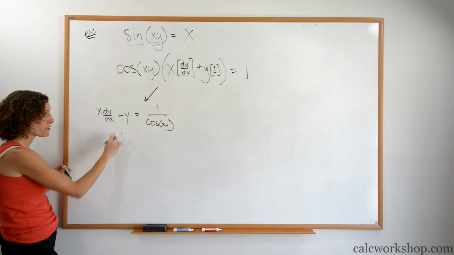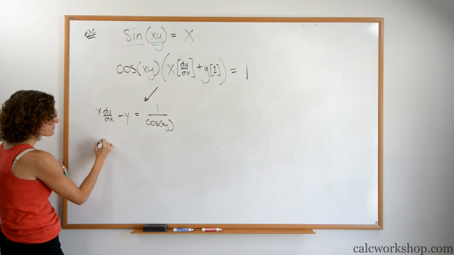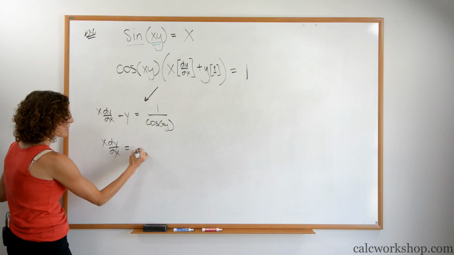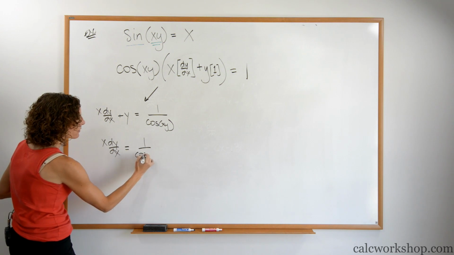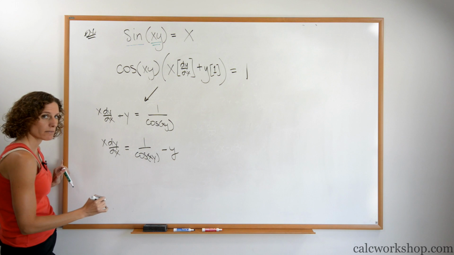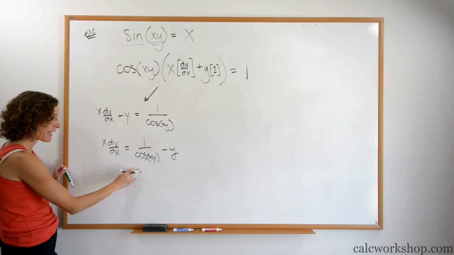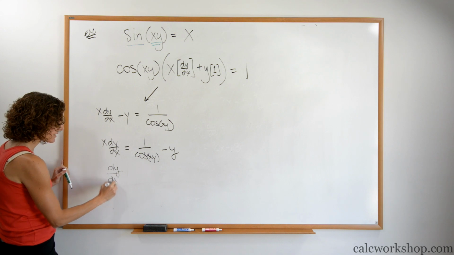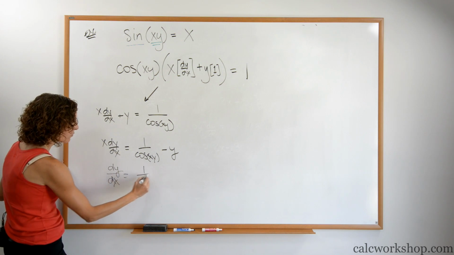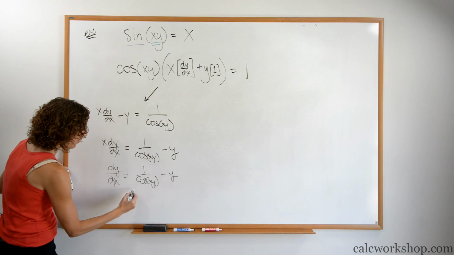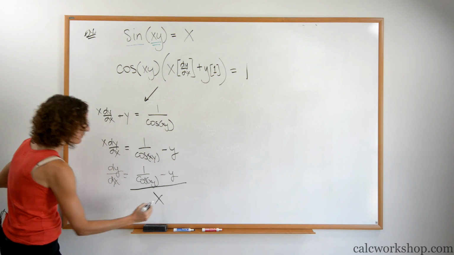Now, the second thing I'm going to do is subtract the y to the other side, and I get x dy/dx equals 1 over cosine of xy minus y. Then I'm going to divide everything by x. So dy/dx equals 1 over cosine of xy minus y, all divided by x.